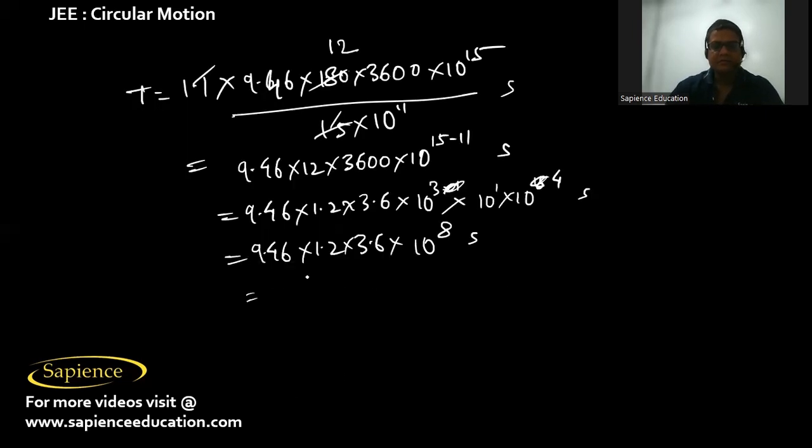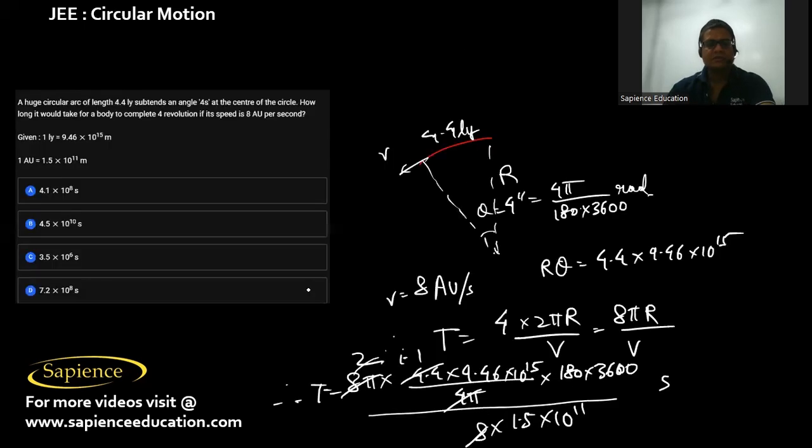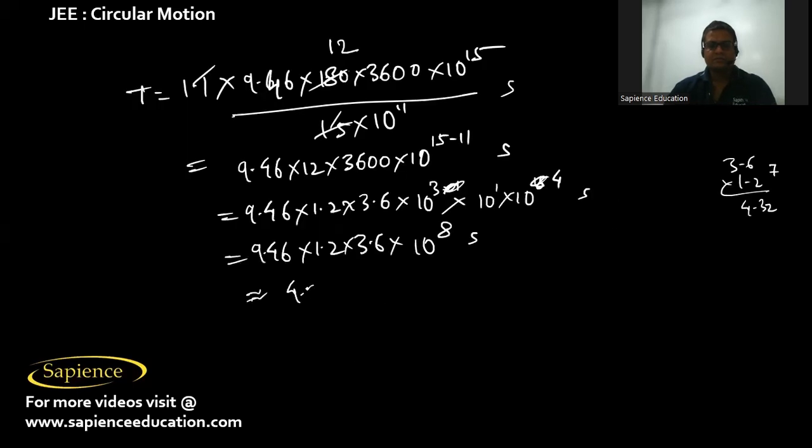So we can take 9.46 approximately as 10. So 10 into 1.2 into 3.6, 12 6s are 72, 12 3s are 36, 36 plus 7 is 43, so 4.32. So this will be approximately 4.3 into 10 power 9 seconds.